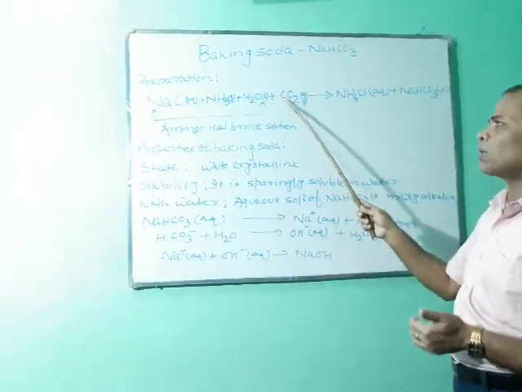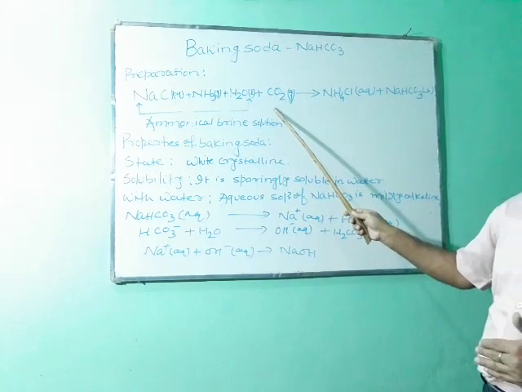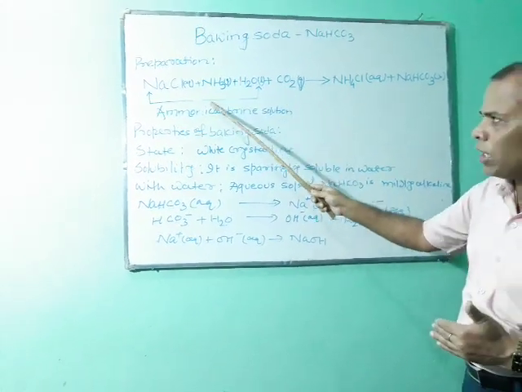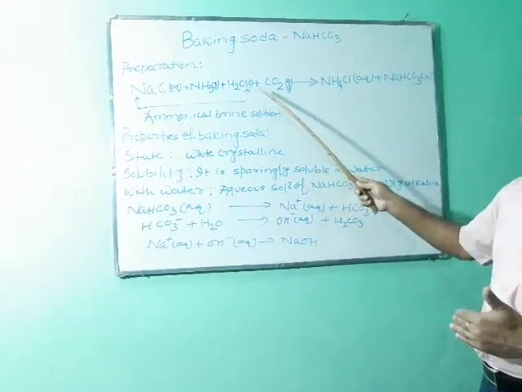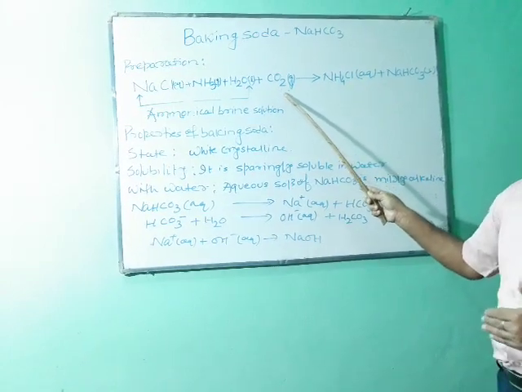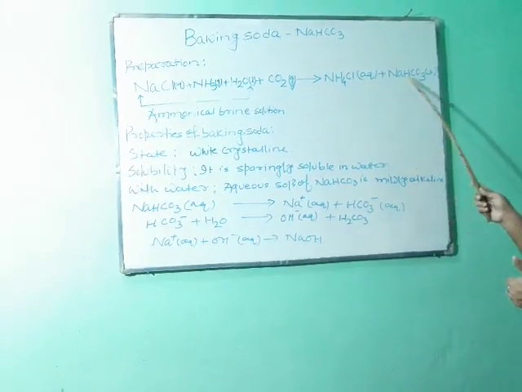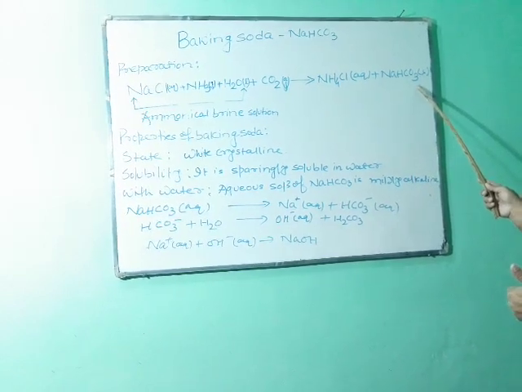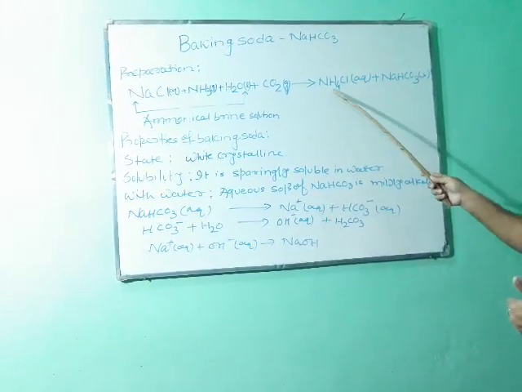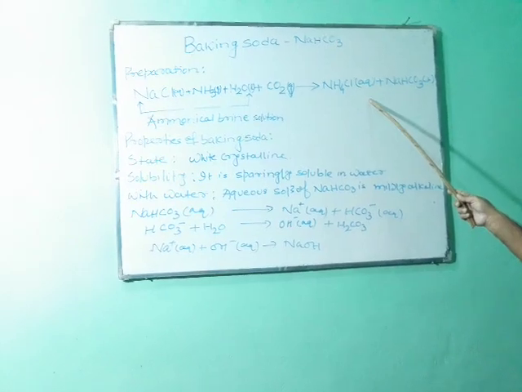This ammoniacal brine solution is allowed to pass through carbon dioxide. Then we get sodium bicarbonate or sodium hydrogen carbonate and aqueous ammonium chloride.